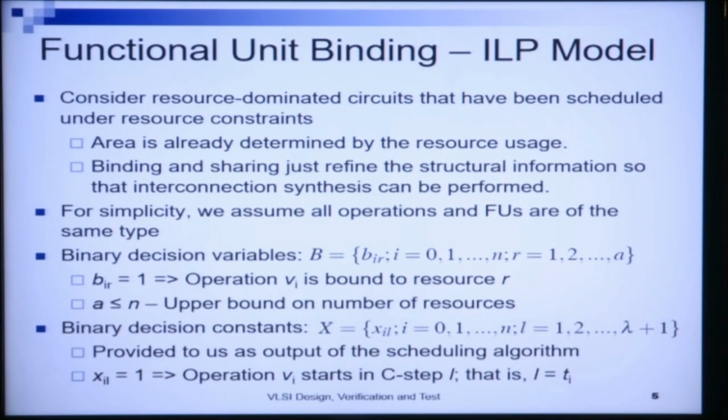So, we saw these decision variables and how these start times are obtained in the scheduling step. Now they are decision constants, meaning the values of these constants are known to me. When each operation will start at what time step is now known to me at the allocation and binding step.